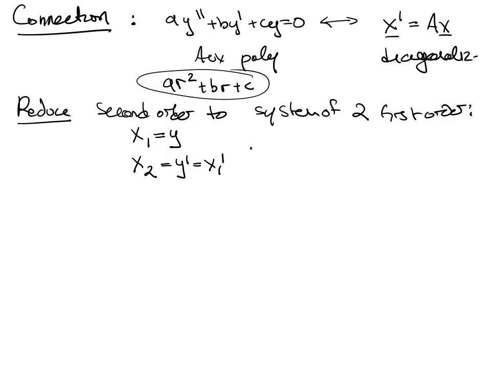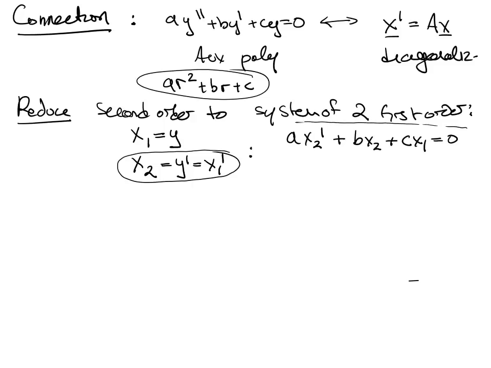So when I introduce these variables, I get a system of equations. One equation is just this, that x1 prime equals x2. And the other one, if I rewrite my second order equation in this way, becomes a x2 prime, so the y double prime becomes x2 prime, plus b x2, I'm sorry, not bx1, plus b x2, where x2 is just y prime, plus c x1 equals 0.